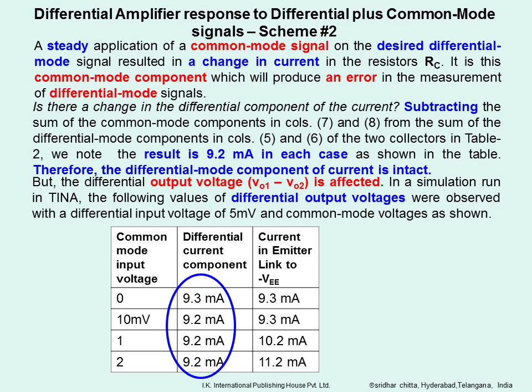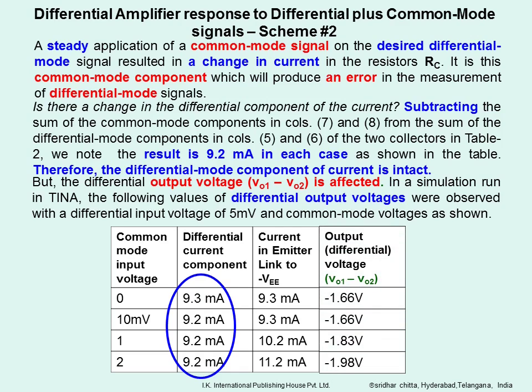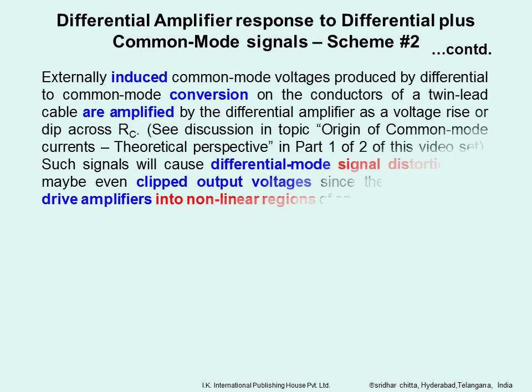In a simulation run in TINA, the following values of differential output voltages were observed with a differential input voltage of 5 millivolts and common mode voltages as shown. Externally induced common mode voltages produced by differential to common mode conversion on the conductors of a twin lead cable are amplified by the differential amplifier as a voltage rise or dip across RC.